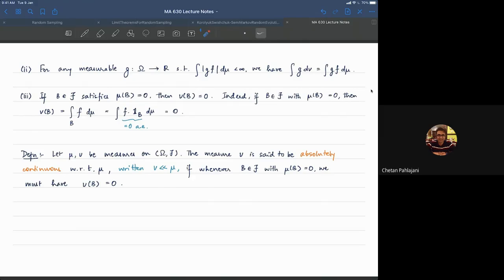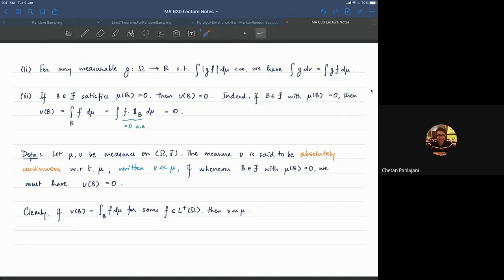All right, now clearly, if nu of B equals the integral over B of f d mu for some f in L plus of omega, then nu is absolutely continuous with respect to mu. Right? This is not new.